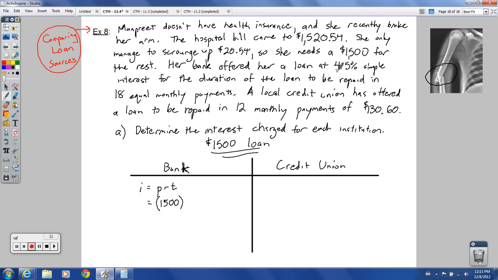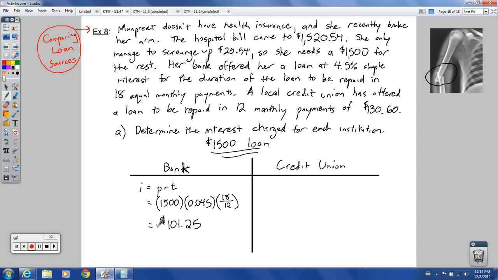The rate they offered was 4.5%, so that's 0.045. This is an annual rate, so the time should be annual: 18 months divided by 12 months in a year is 1.5 years. This would be $101.25 if you work that in a calculator.